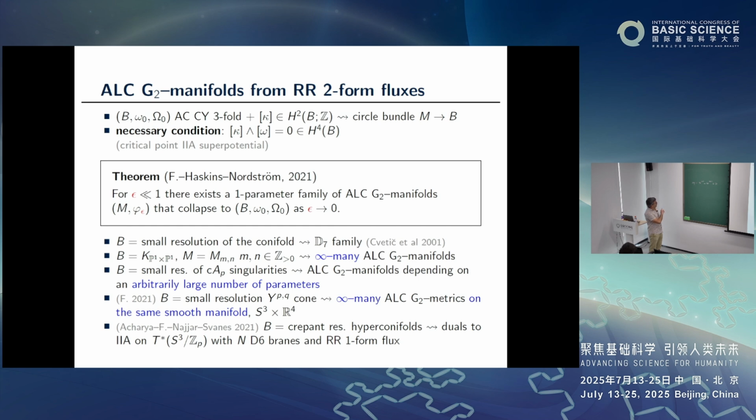When you start with the complex data of something singular like this, there are two questions. One question is, does this admit Calabi-Yau cone metrics? So does the link of this have a Sasaki-Einstein metric?